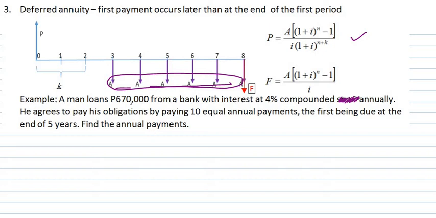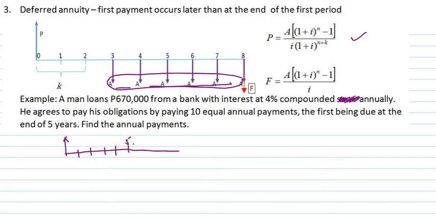So, a man loans 670,000. This will be our present value. If we draw the cash flow diagram, we have here 670,000 from a bank with an interest of 4% compounded annually. He agrees to pay 10 equal annual payments, the first being due at the end of 5 years. So 1 year, 2, 3, 4, 5.